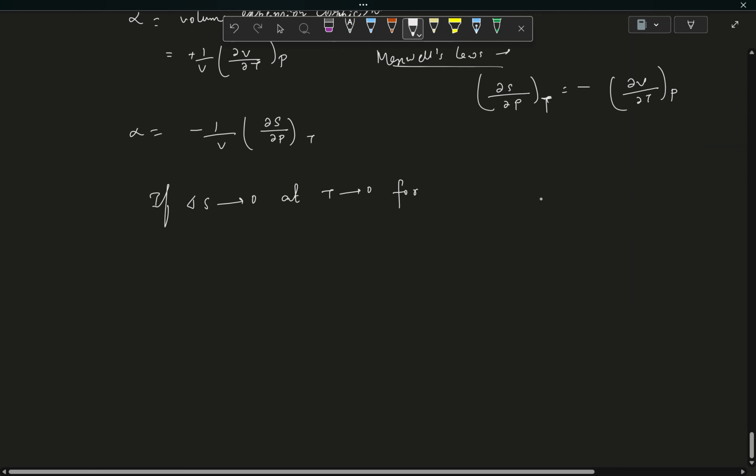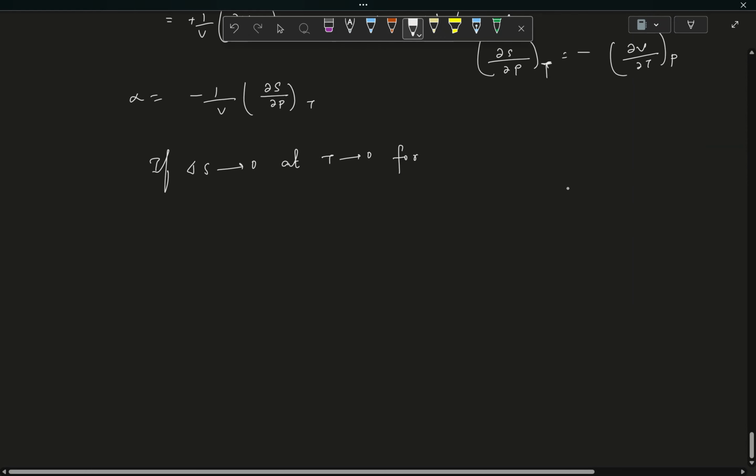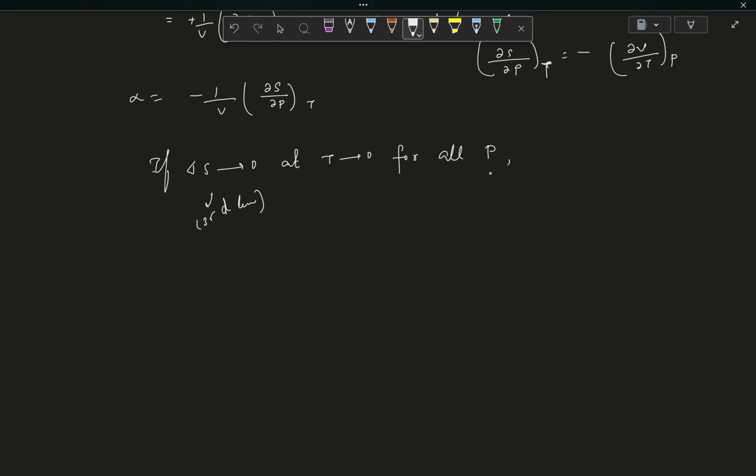But now in the case of alpha, the third law tells you that delta S should go to 0 for all P values. So alpha also tends to 0 as T tends to 0 for all pure states. Remember, all these conditions we are taking are assuming that it is in the pure state.